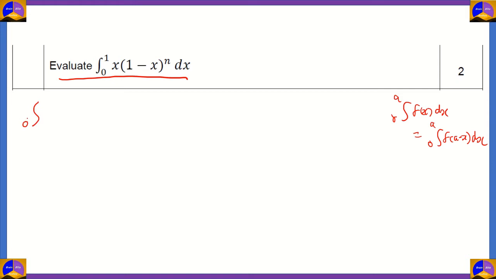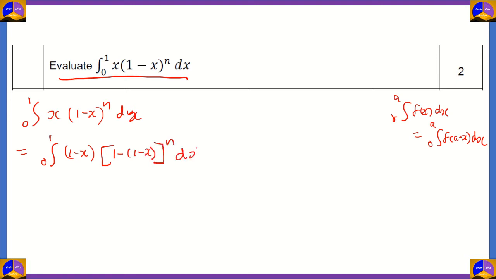So our original expression is integral 0 to 1 x times (1 minus x) raised to n dx. We'll just substitute 1 minus x in the place of x. So that becomes integral 0 to 1, (1 minus x) times (1 minus (1 minus x)) the whole raised to n dx.